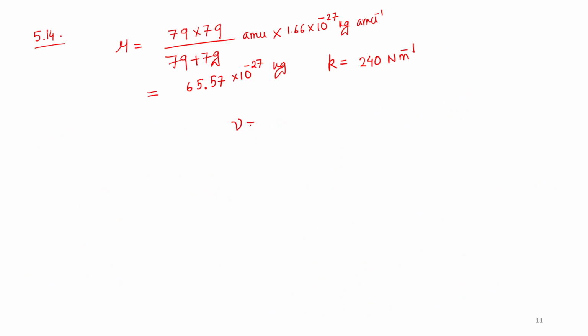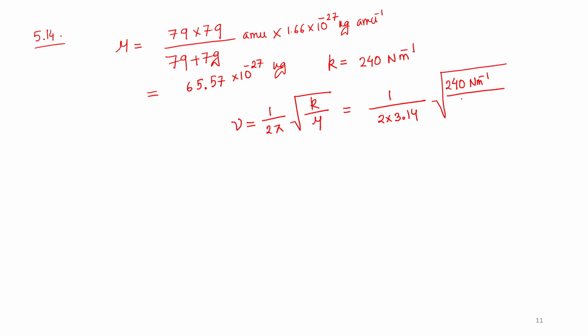We know the relation 1 by 2 pi root over K by mu. So 1 by 2 into 3.14 root over K, which is 240 Newton meter inverse, divided by 65.57 into 10 to the power minus 27 kg.